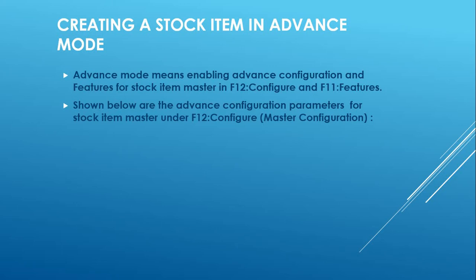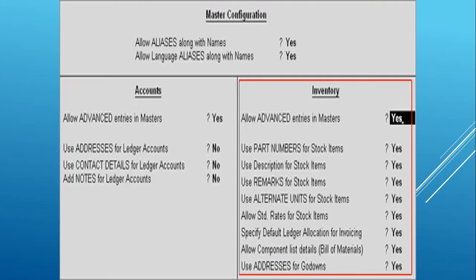The shortcut key used for configure is F12 and for features it is F11. Below are some of the parameters which are used in configuration mode.